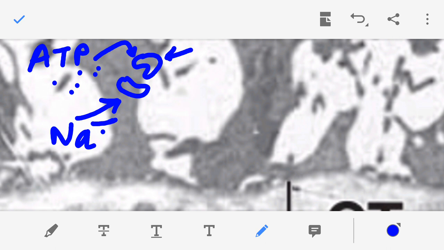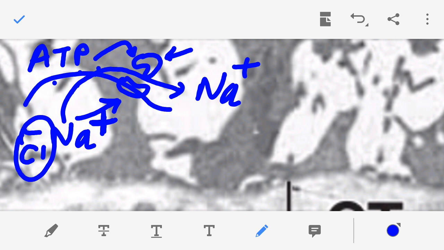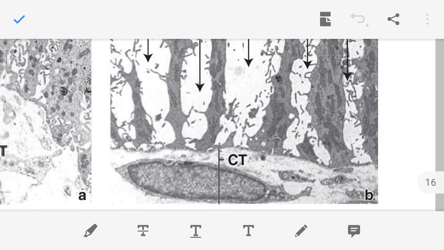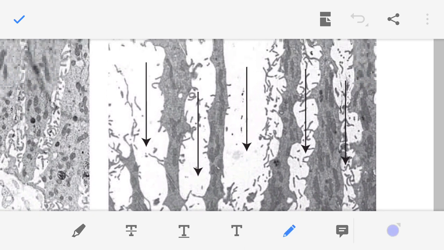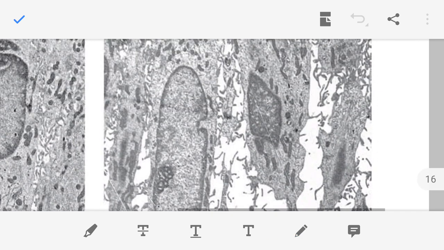So it is an active transport mechanism, and with the active transport, this Na plus is pumped out. Na plus is positively charged. So due to the attraction, Cl minus also follows the Na plus. So in the intercellular space, what is happening? NaCl is there, and here is the bile.